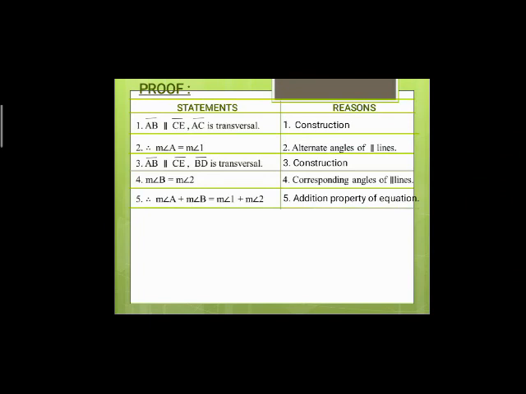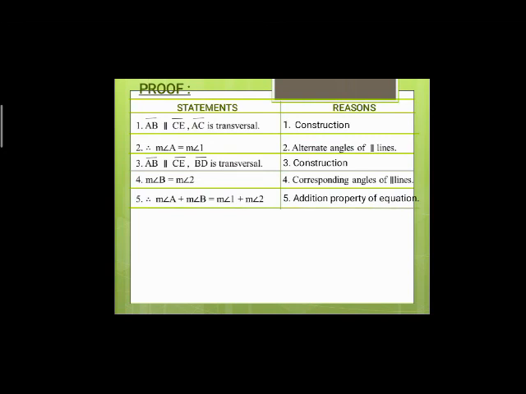Since both pairs of angles are equal, by the addition property of equation, we add statements 2 and 4, and angle A plus angle B is equal to angle 1 plus angle 2.